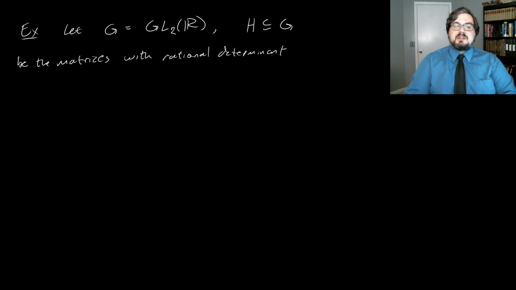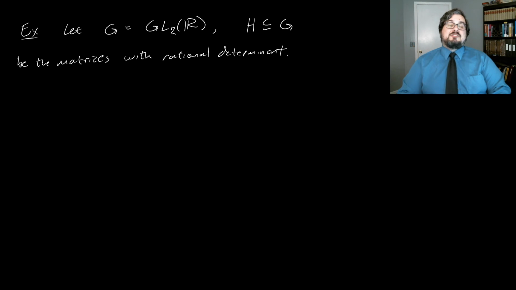Now, at this point, we're not claiming that H is a subgroup or a normal subgroup or anything. We're just saying let's take the collection of all the matrices in GL2R which have rational determinant. We're actually going to show that H is a normal subgroup, which is going to prove that it's a subgroup and that it satisfies the normal condition.